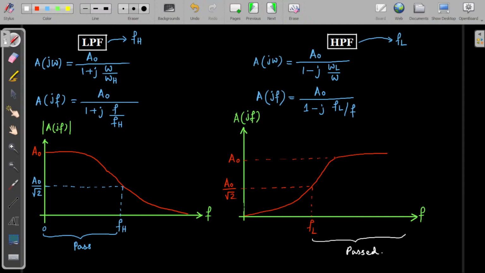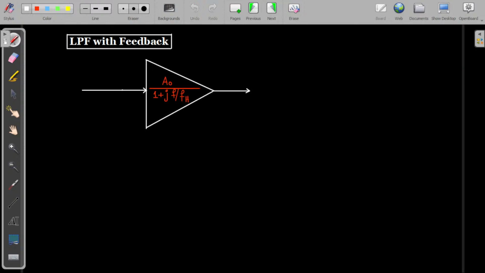Now what we will do is apply a low pass filter with feedback and see what the effect will be, and we will also apply a feedback path to the high pass filter and see the effects. Right now our motive is to see what the effect on the total structure will be if we apply feedback with the low pass filter.